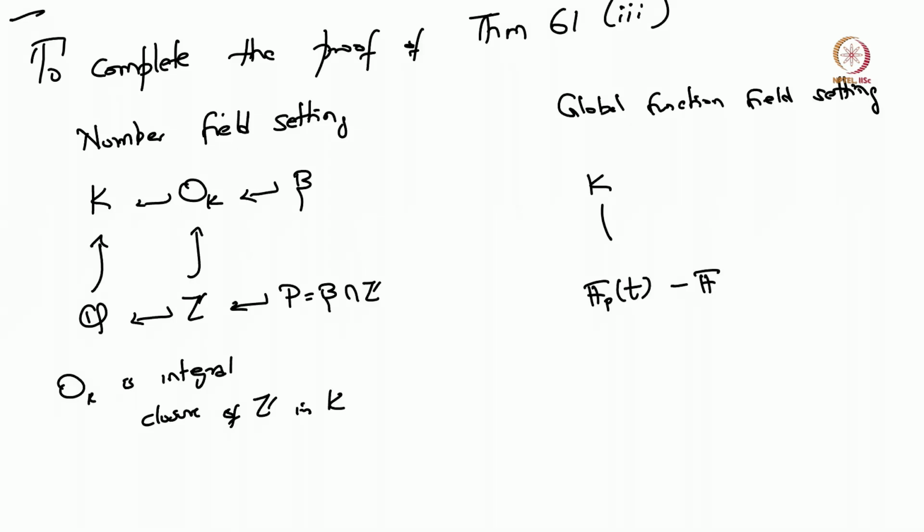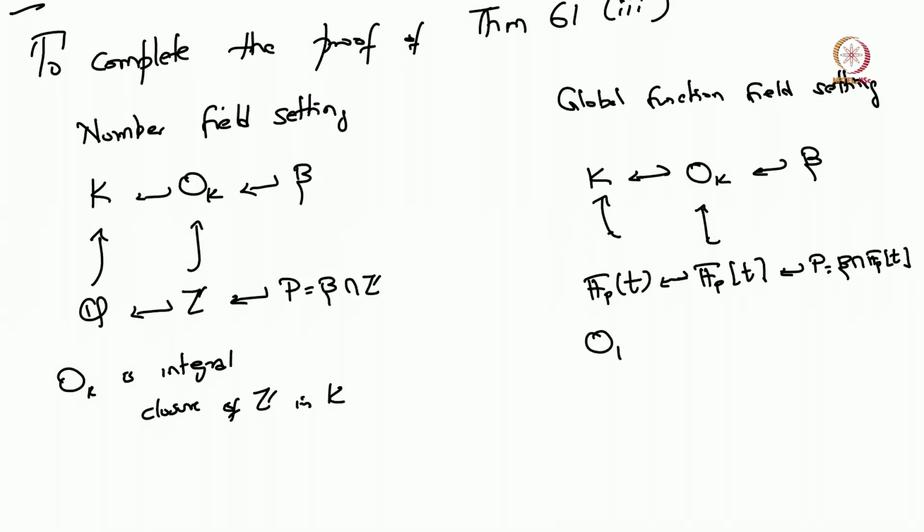We have the polynomial ring in one variable, and we have the integral closure of this polynomial ring in K. And just as earlier, we take a prime ideal of OK, and then let P be the prime ideal below, that's given by beta intersect Fp brackets T.